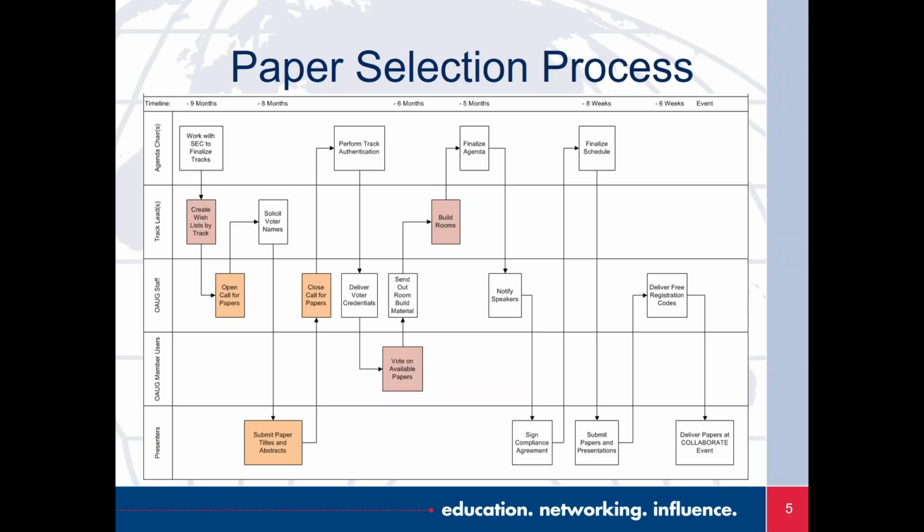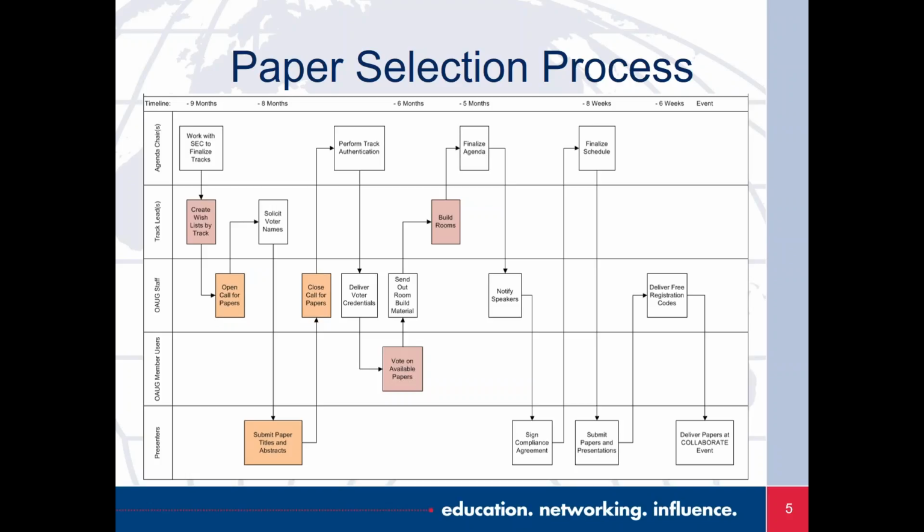The call for papers is then open, which has already happened, right? So the paper selection process is already starting. We also, again in the last few years, have started opening up the paper selection to member voting, which I'm a huge advocate of, because I think that's the way we're going to see what our membership wants to view.